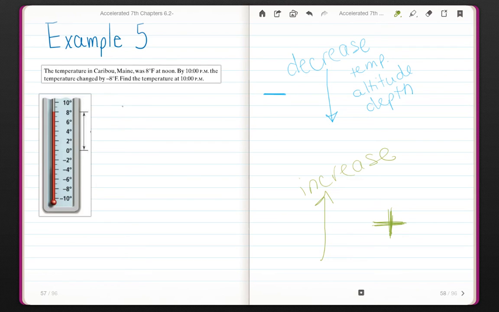Okay, well, what do I know? I know at noon it was 8 degrees.